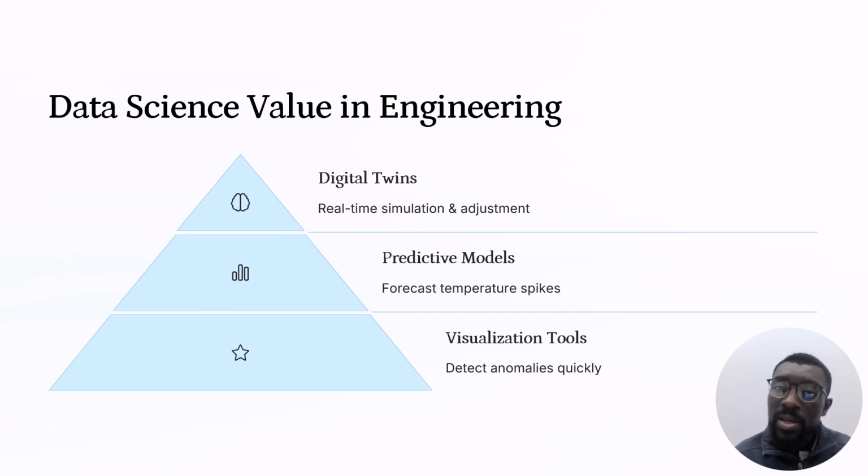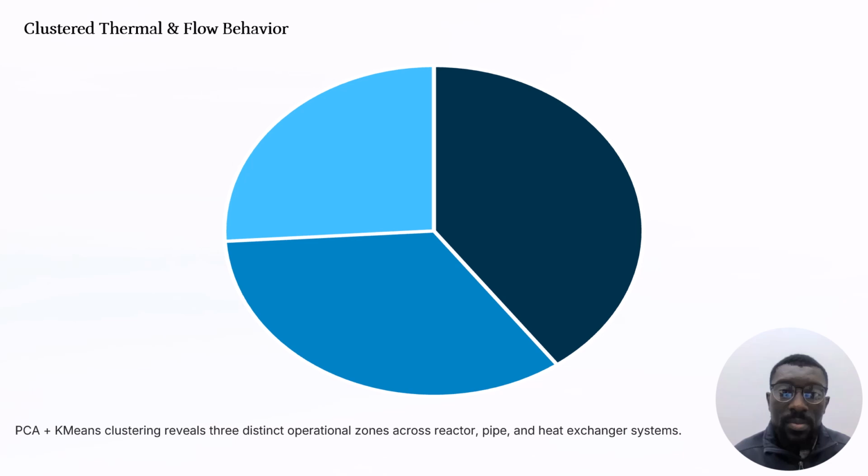We were also able to visualize the tools by detecting anomalies quickly. And we also clustered thermal and flow behavior using PCA, principal component analysis, as well as k-means clustering to reveal three distinct operational zones across the reactor, pipe, and heat exchanger system.